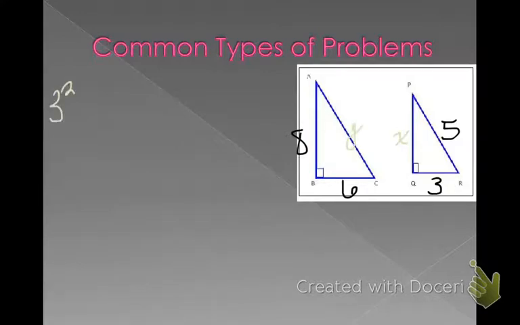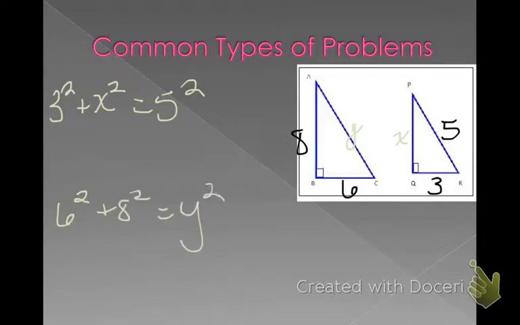So I have 3 squared plus X squared equals 5 squared. And in the other triangle, I have 6 squared plus 8 squared equals Y squared. Don't forget to make the hypotenuse the C value, the value by itself. So X squared equals 25 minus 9, which is 16, so X equals 4.